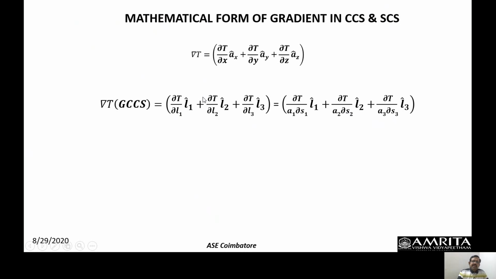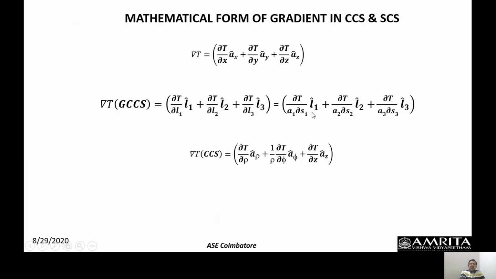And similarly, in the cylindrical coordinate system, we know A1 to be 1, A3 to be 1, A2 is rho, ∂S1 will be ∂rho, ∂S2 will be ∂phi, ∂S3 will be ∂z. So substituting that, we get this. Now, for the spherical polar coordinate system, what do I have here?